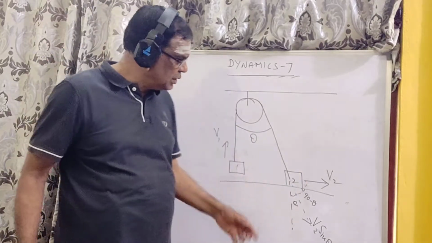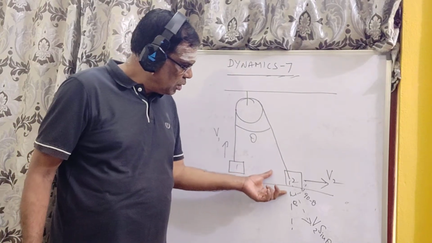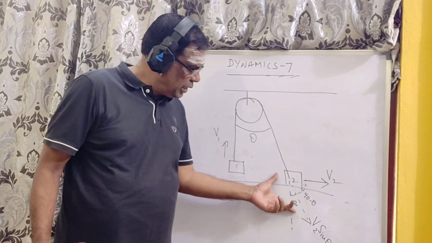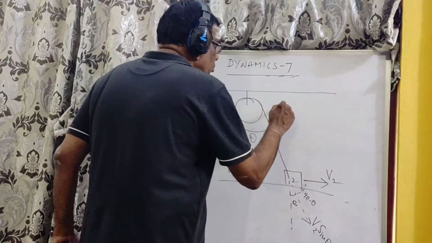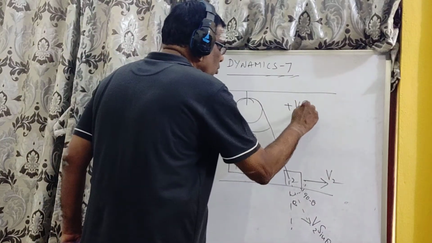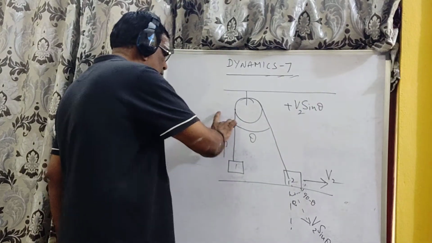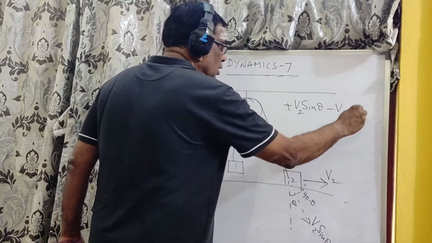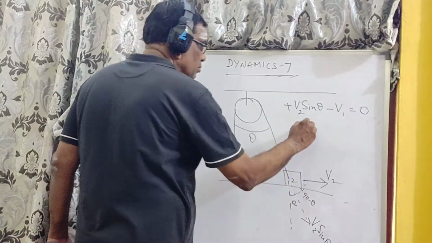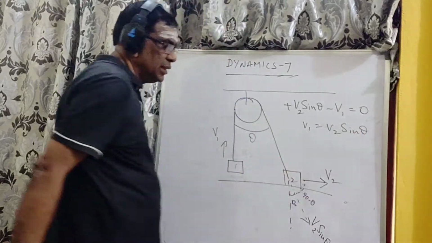Once you get this fixed one, now as before, the segment is increasing, so I put it as plus V2 sin theta, and this segment decreases, so minus V1 is equal to 0, or V1 is equal to V2 sin theta.